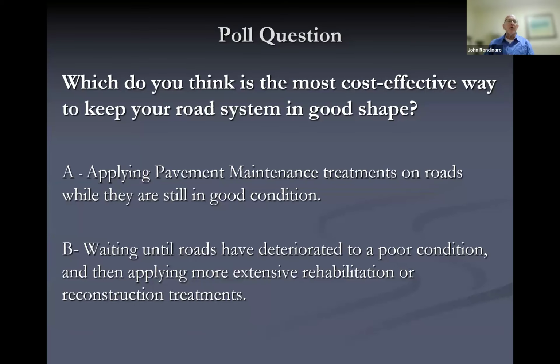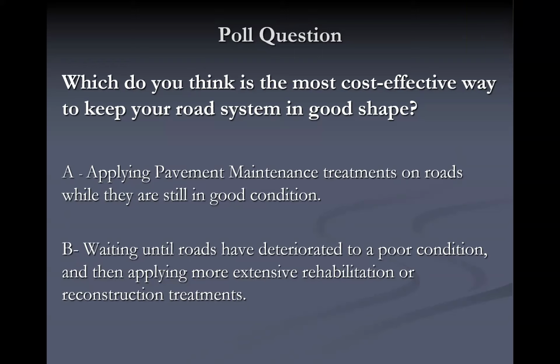So let's start off with a poll question. Throw your answer into the Q&A. What do you think is the most cost-effective way to keep your road system in good shape? Is that A, applying pavement maintenance treatments on our roads while they're still in good condition, or B, waiting until roads have deteriorated to a poor condition and then applying our more extensive rehabilitation or reconstruction techniques? Just throw in A or B, and Jody will tally it up quick.